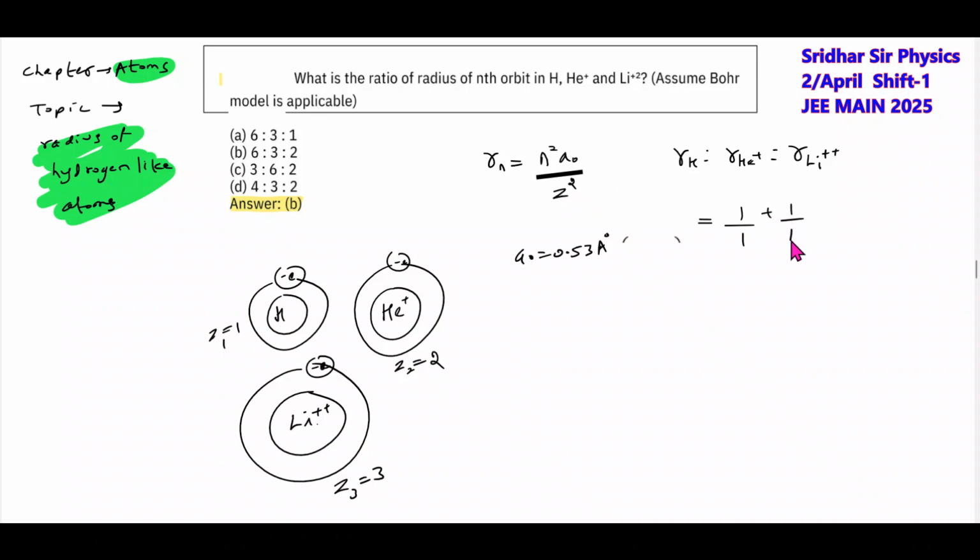2 square, this will be 4. I'll write it, 2 square, 3 square. This will be 1 plus 4 plus 9. So this will be 36 plus 9 plus 4. So this will be 6 square, 3 square, 2 square.